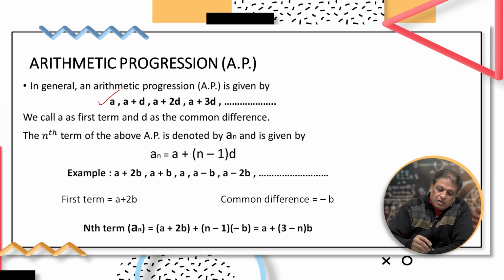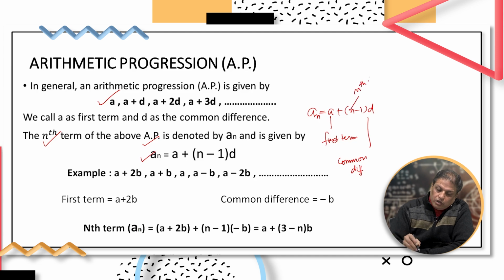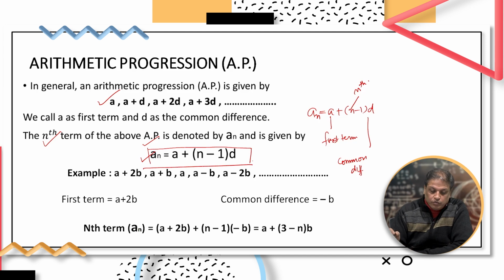The nth term in an arithmetic progression will be given by the expression a n is equal to a plus n minus 1 into d, where a is the first term and d is the common difference, and the nth term is what we are supposed to find out. So the entire expression turns out to be a n is equal to a plus n minus 1 d.